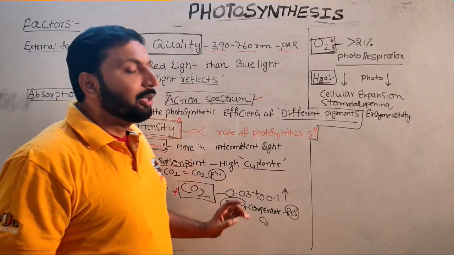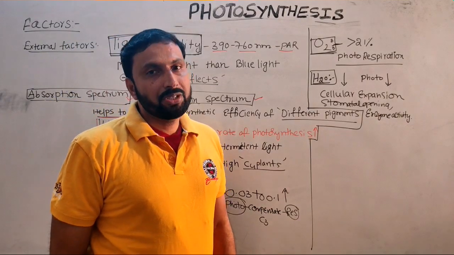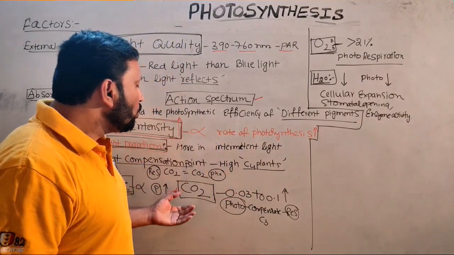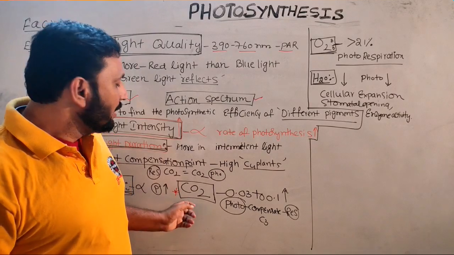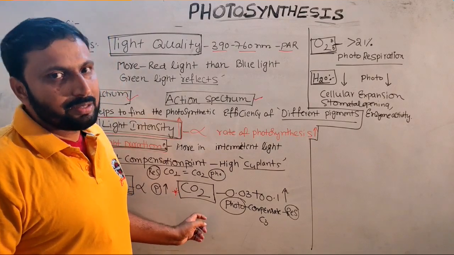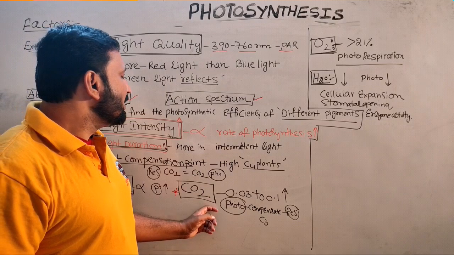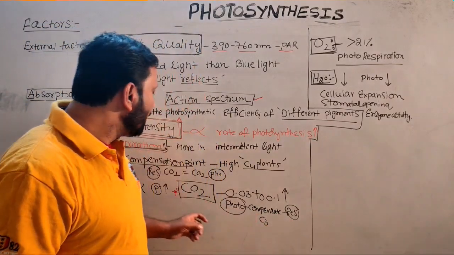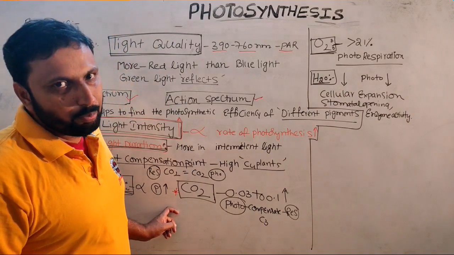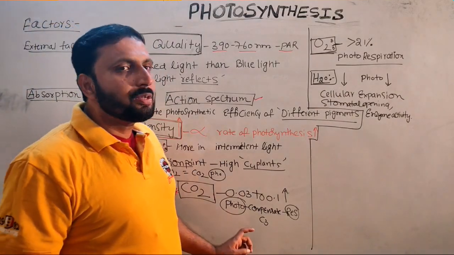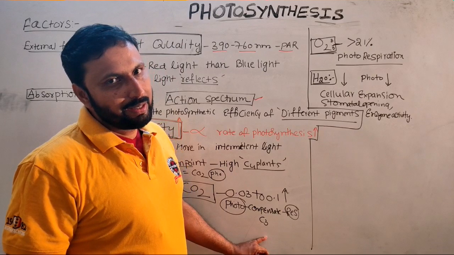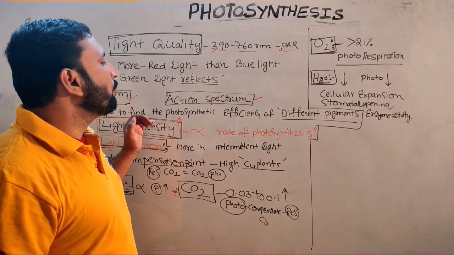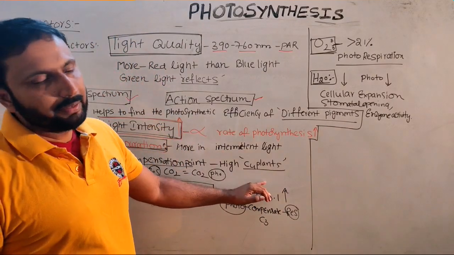Then what is the meaning of CO2 compensation point? CO2 compensation point means at a particular carbon dioxide concentration, photosynthesis just compensates for respiration. CO2 compensation point is high in C3 plants, whereas light compensation point is high in C4 plants.